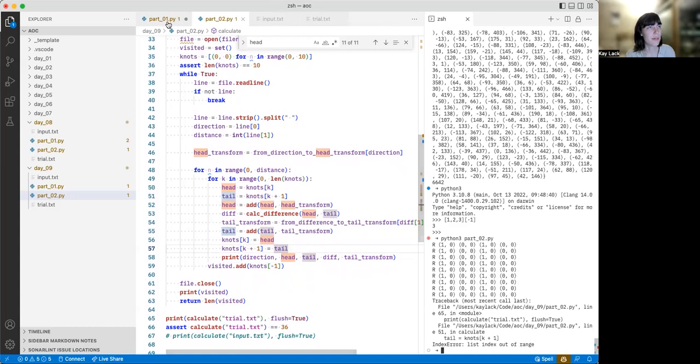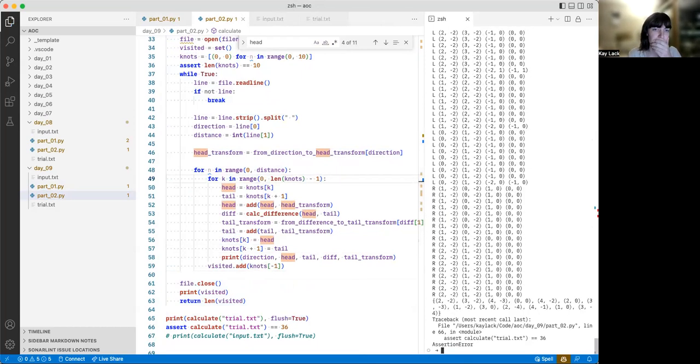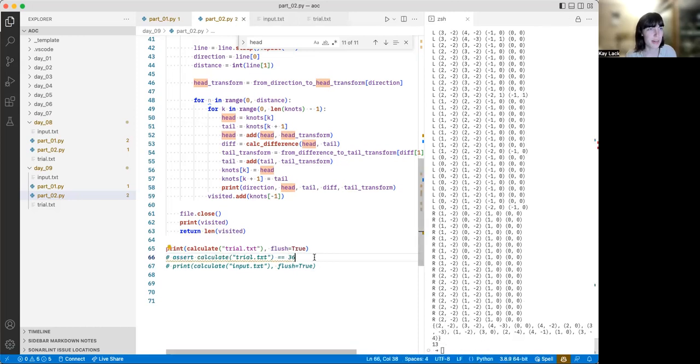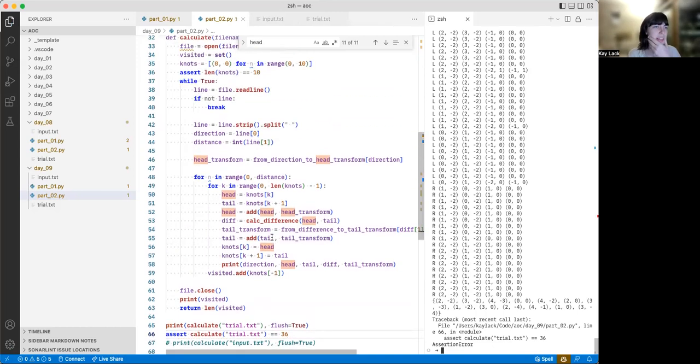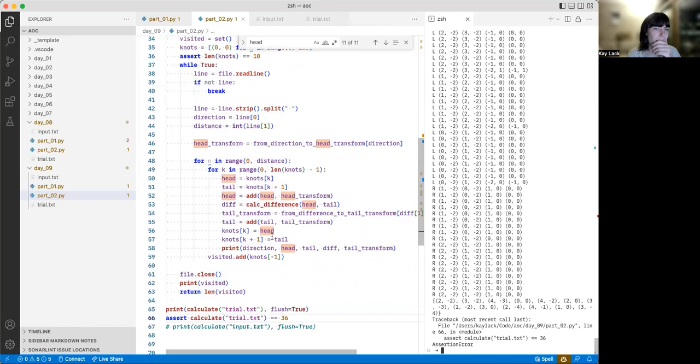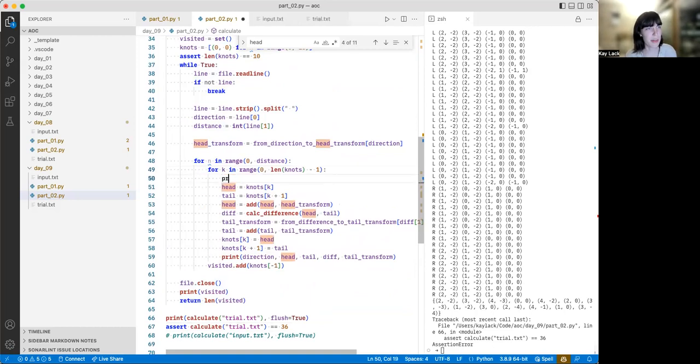But it's not. Wait a second. Yeah, okay. So I need to get -1 here. Okay. Now we're in trouble. Why isn't it printed out? 13 still. How many knots are we iterating over?